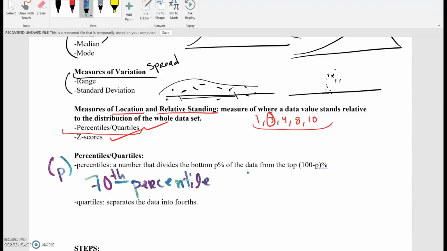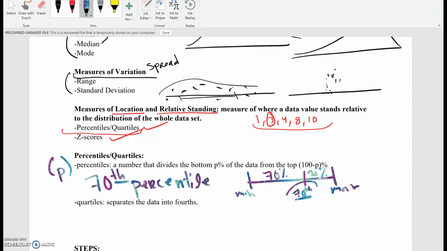Basically, what that means is that let's say this was the minimum value and let's say this is the maximum value. 70% of the data is going to lie below the 70th percentile, whatever this number is, and then it's also going to break up the top 100 minus p, which is 100 minus 70, which gives me 30%.